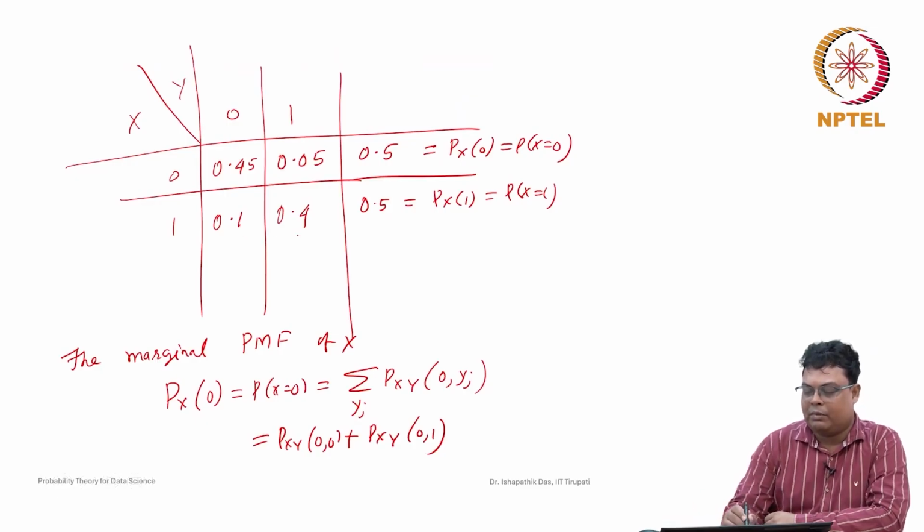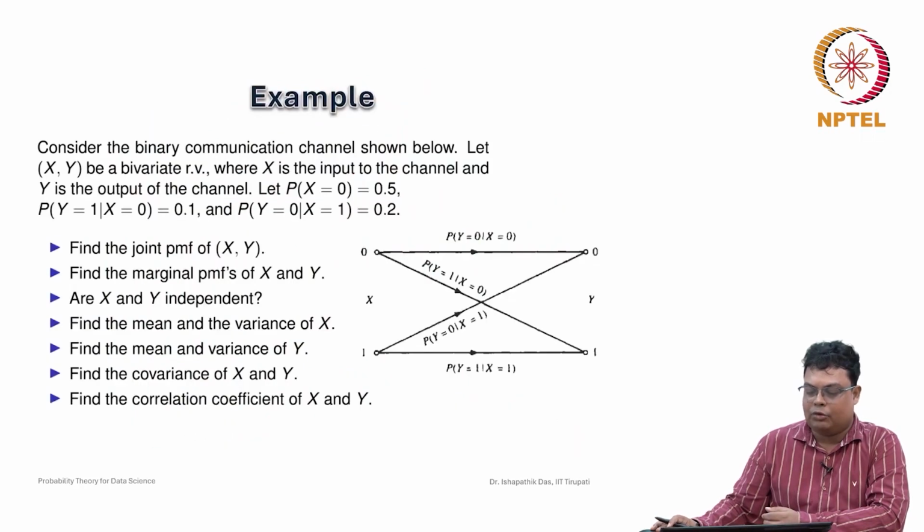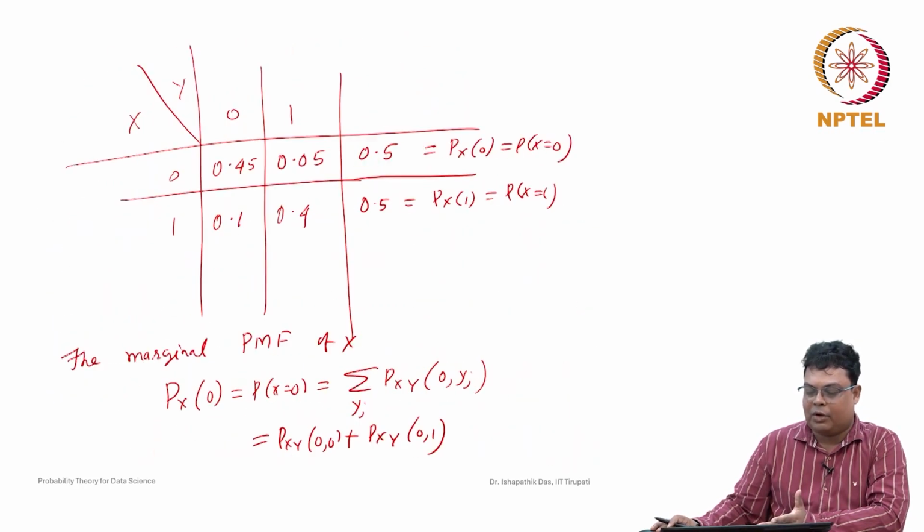So this is 0.1 plus 0.4, which is 0.5. So the probability mass function of X is 0.5 for X equal to 1 and 0.5 for X equal to 0. This is given in the problem directly, and we also checked that from our joint probability mass function we get the correct answer. So what is given, we are getting back.